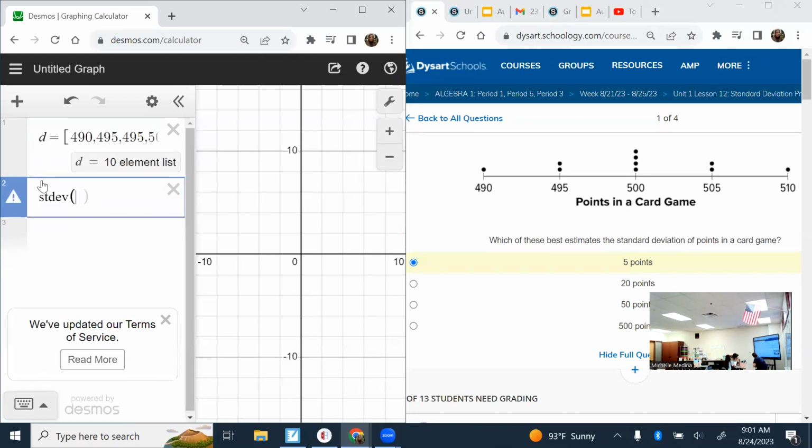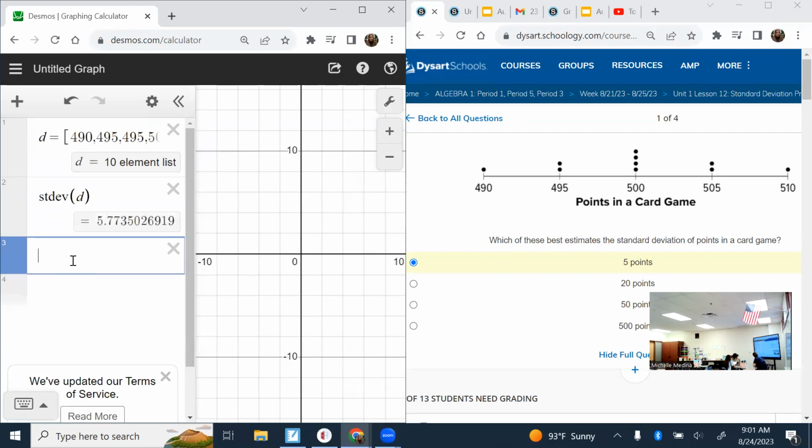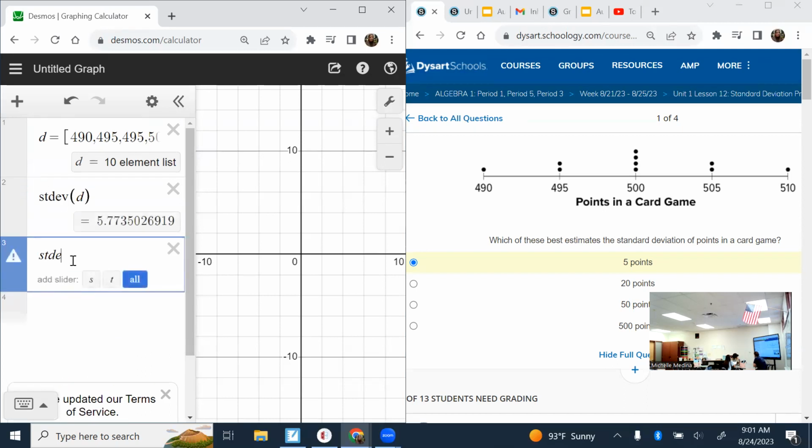I never know which one it's going to do, whether it's the sample standard deviation or the population standard deviation, so I always just find both. And these are always going to be pretty similar. Then out of my answer options, it's the closest to 5. So that makes sense. Questions on that?